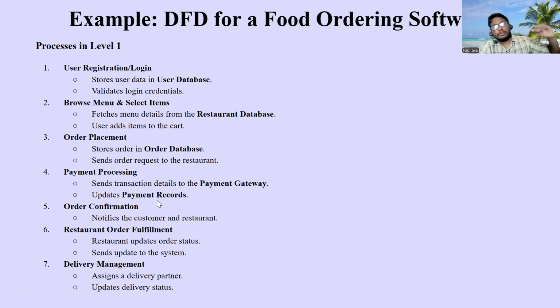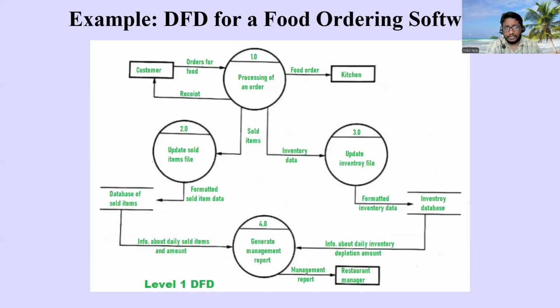So, the level 0 diagram is one thing where you will be giving the high level, overall view of the system. But level 1 is where you will be breaking down level 0 and drawing the level 1 diagrams. Level 2 is taken care of by the solution architect as well as technical leads. So this is how a level 1 diagram looks like.